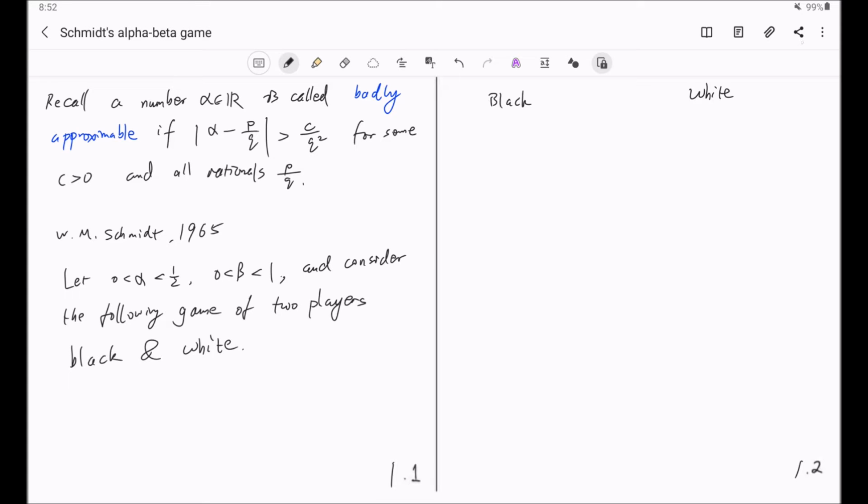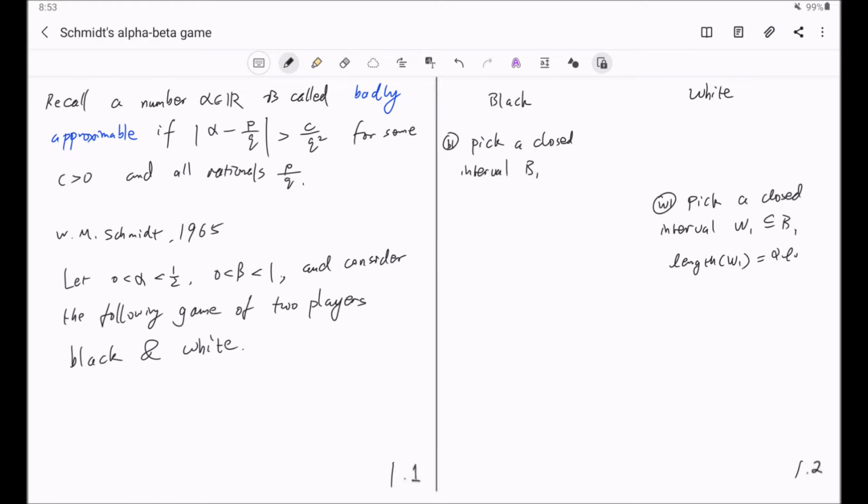It goes as follows. First, black will pick a closed interval, call it B1, on the real line. Second, white will pick a closed interval W1 that is contained in B1, and W1's length is equal to alpha times the length of B1.